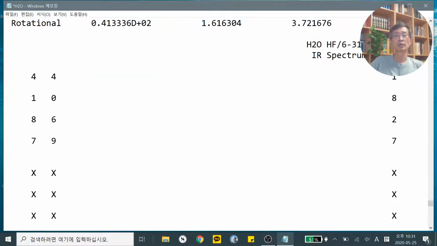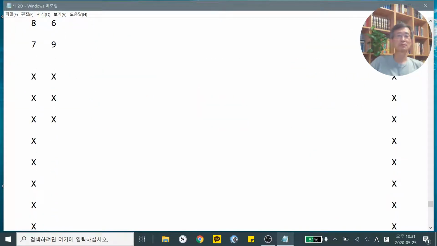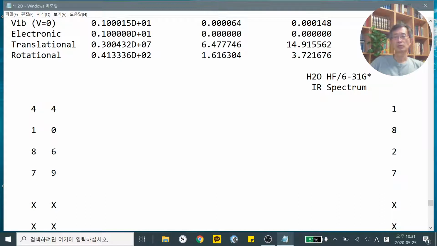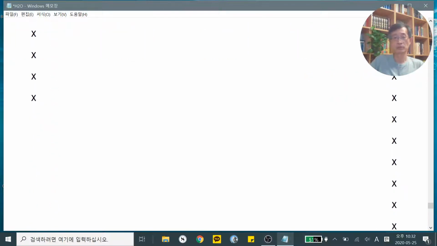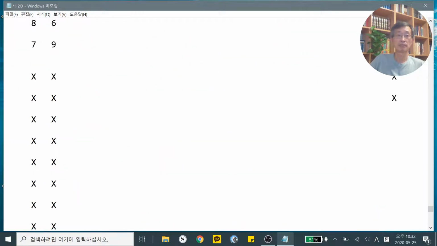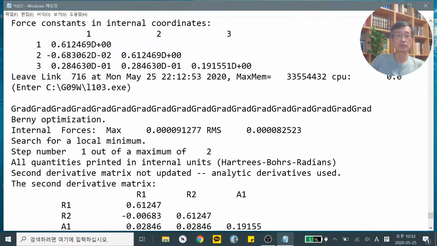Also, this will generate an IR spectrum and a Raman spectrum, not so meaningful because you have only 3 frequencies. Your symmetry analysis will also tell you that the water molecule is IR active and Raman active, which shows you that's true, and some intensity comparisons are reported here.